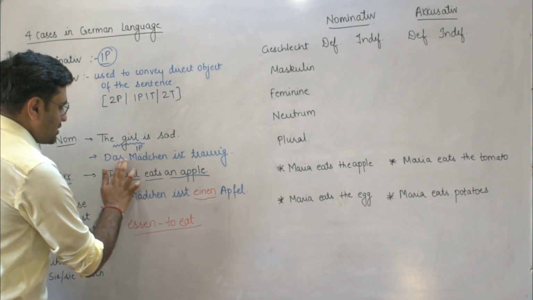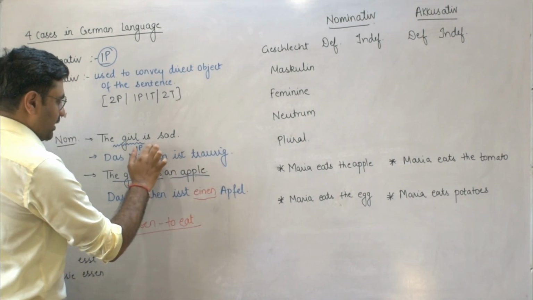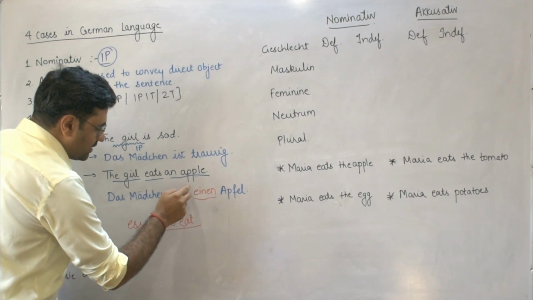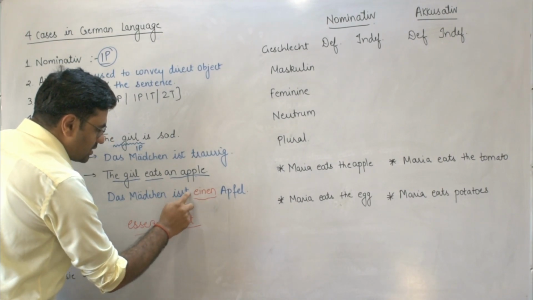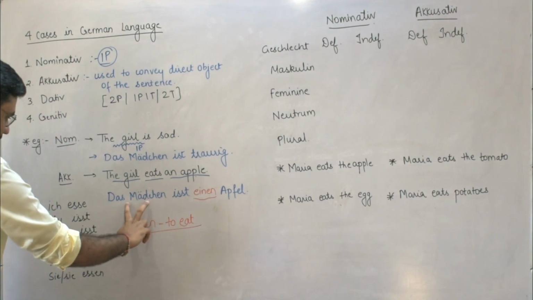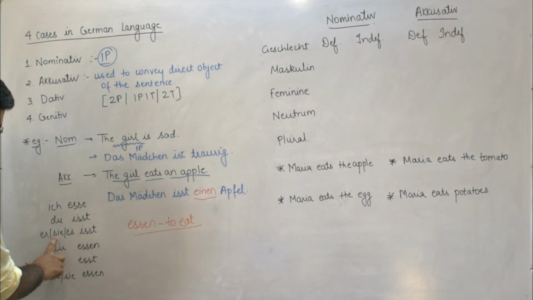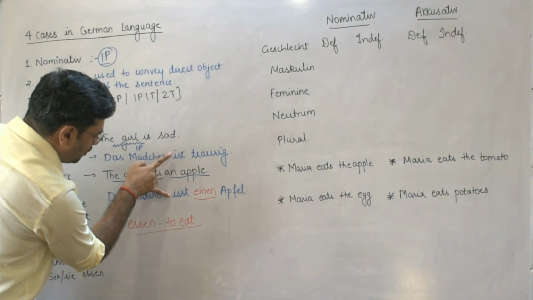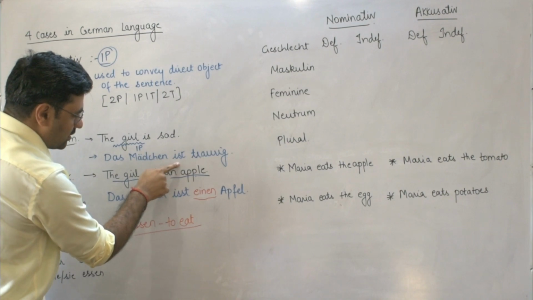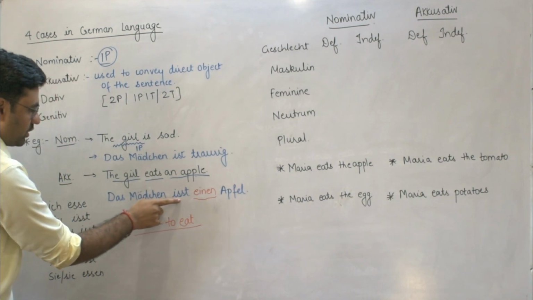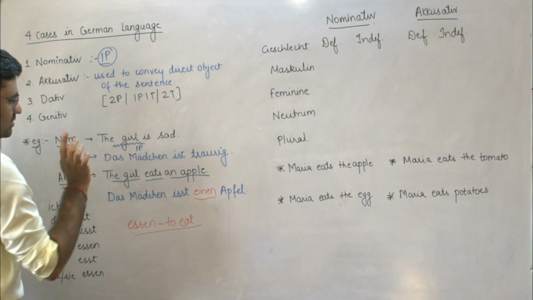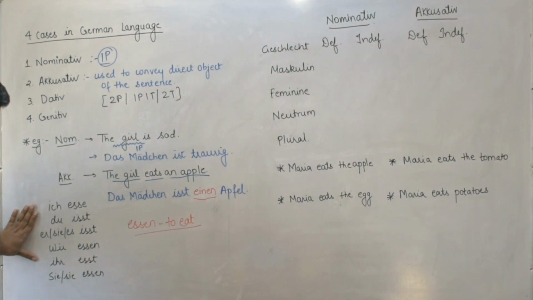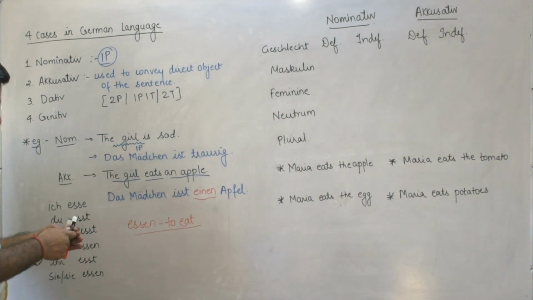Now here, das Mädchen ist traurig, the girl is sad. Now here, das Mädchen isst einen Apfel. Isst here is the verb denoting the Mädchen, the girl, which is in the third person singular, so we'll be using isst. Please note, these are two different things: isst is to eat and ist is simple is. So what is the moral of the story?